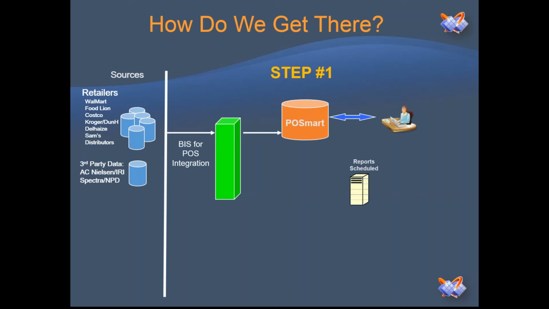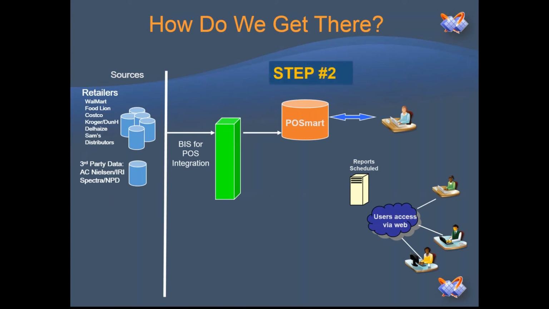End users can then query that POS data, and the power users can schedule reports to run, and then the end users can simply log in and access their reports because they're already run and cached on the server.